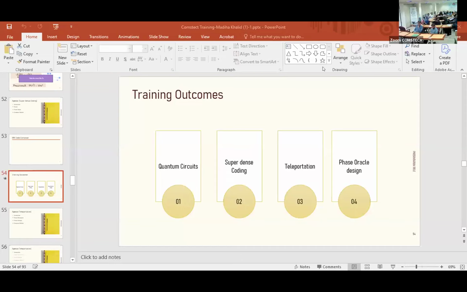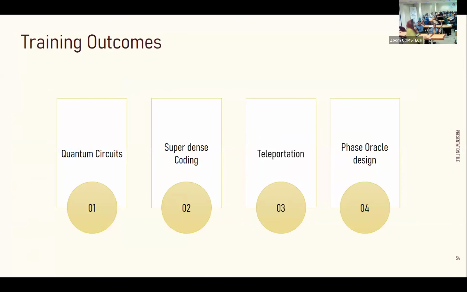Good afternoon to my online participants. This is Dr. Madiha Khalid, and we're going to start from where we left off yesterday. A quick recap of what we did yesterday: we studied quantum circuits, and we tried to solve quantum circuits through two different methods, one an intuitive method and the other the mathematical method. Then we shed some light on superdense coding.